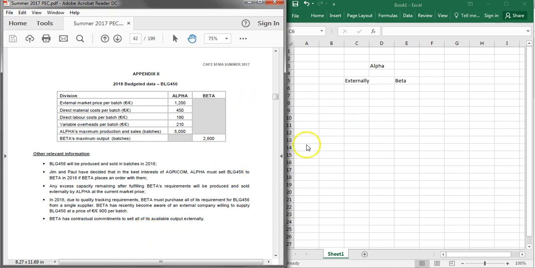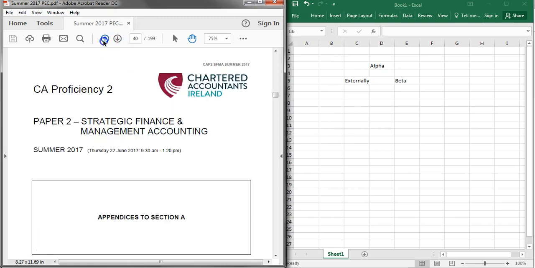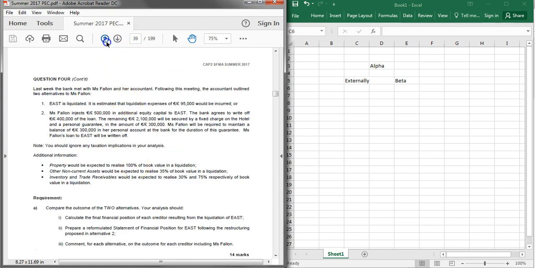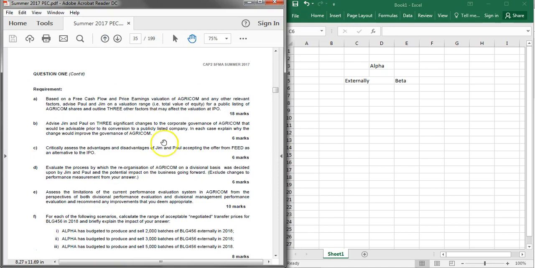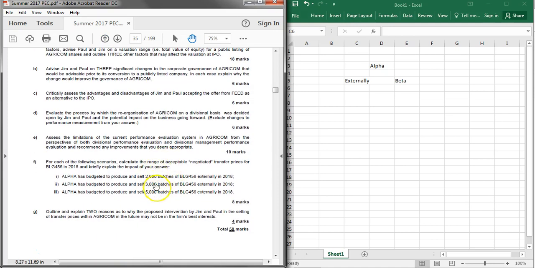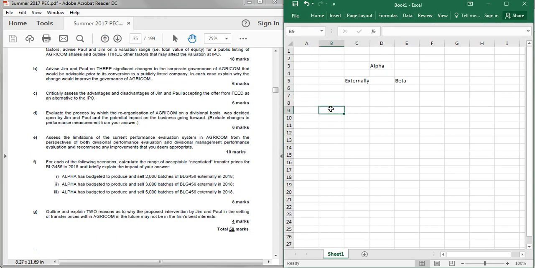So the key thing that we're asked in this question, and what it looks at in negotiation, is, does it make sense to go into negotiations? So does it make sense here depending on different scenarios? So remember, when you're looking at negotiated transfer pricing, you're looking for a range of acceptable prices. That's what we're looking for.